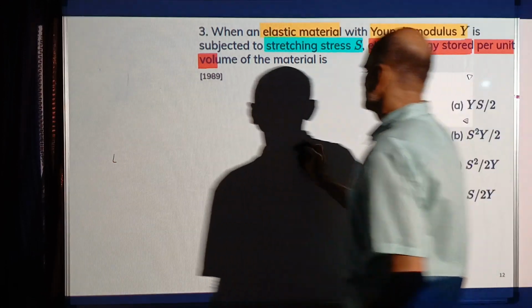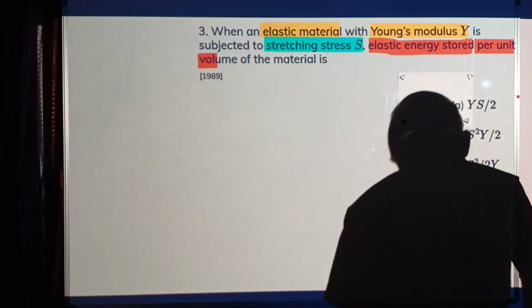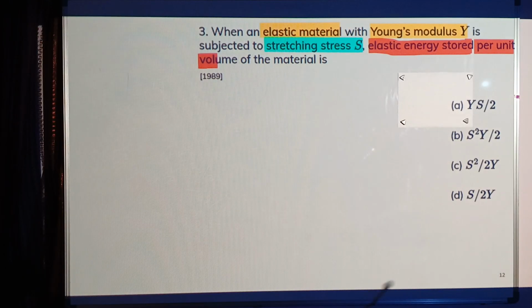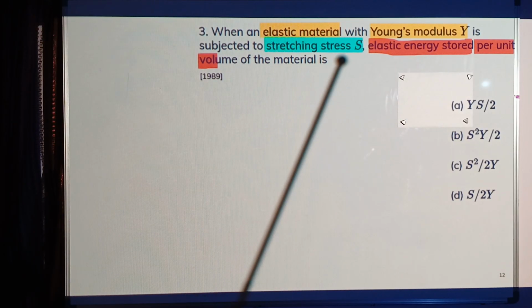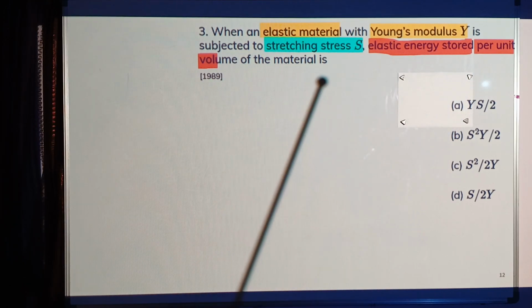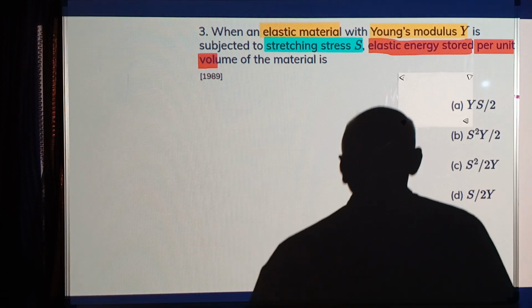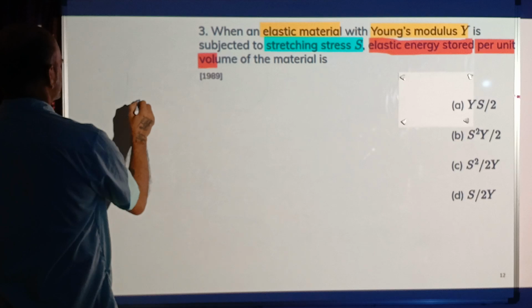This is the next question. When elastic material Young's modulus Y is subject to stretching stress, S elastic energy stored per unit volume of the material is. There is a formula which you can use straight away.